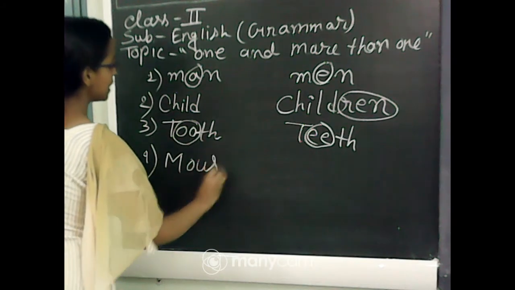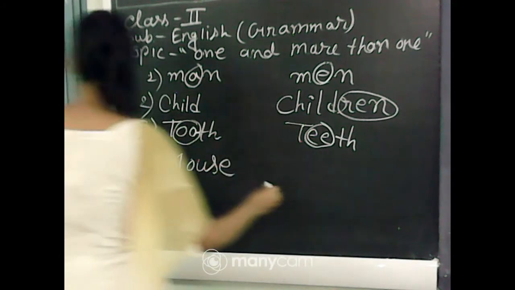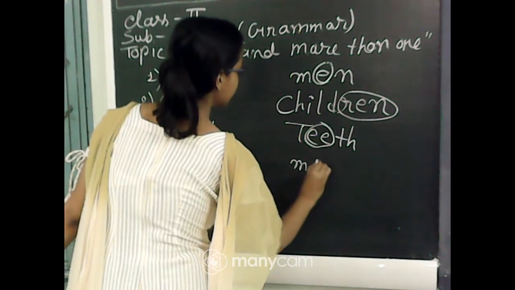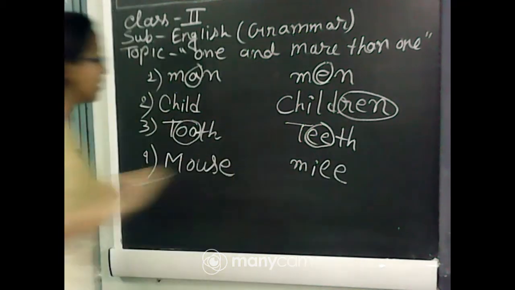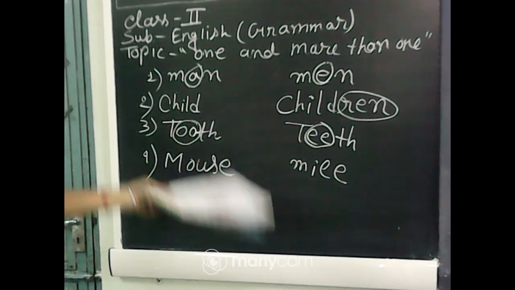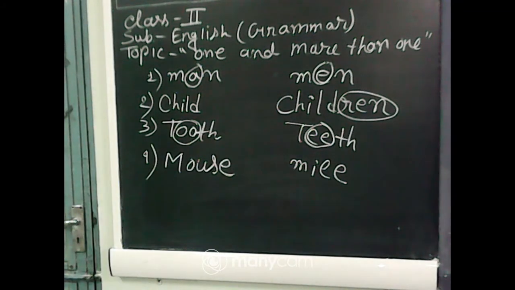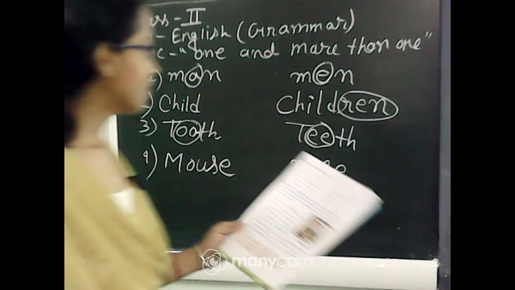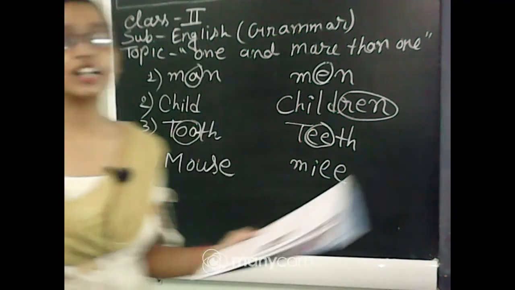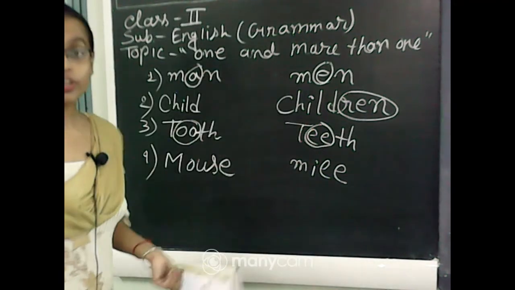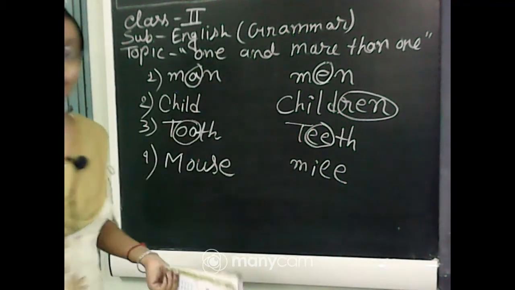You can see in your book, follow the book and you can understand it. Like mouse is completely changed to mice, and that's how we can change certain words to more than one.